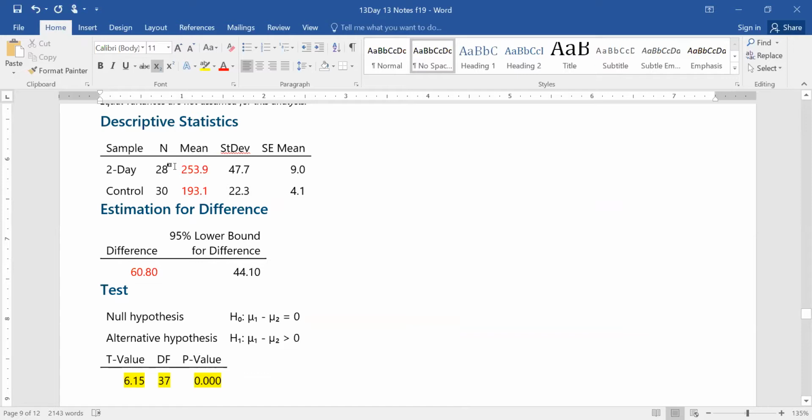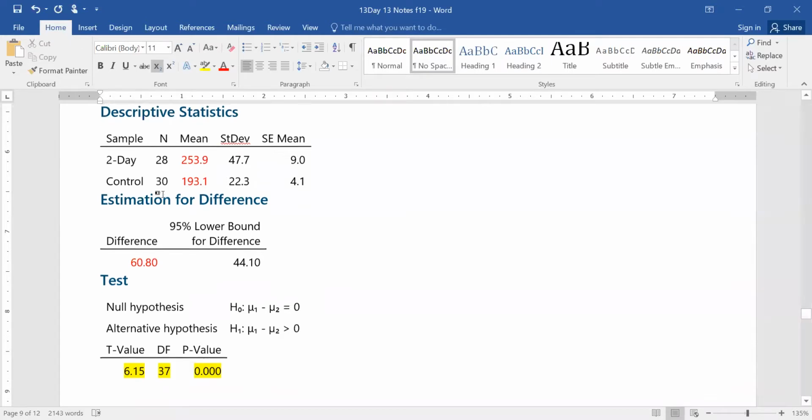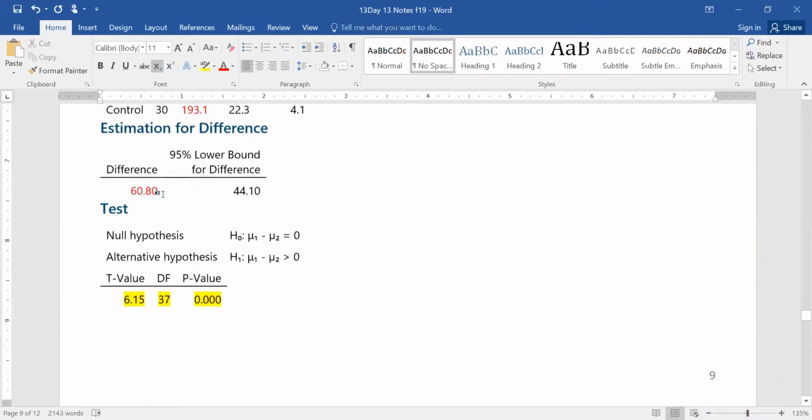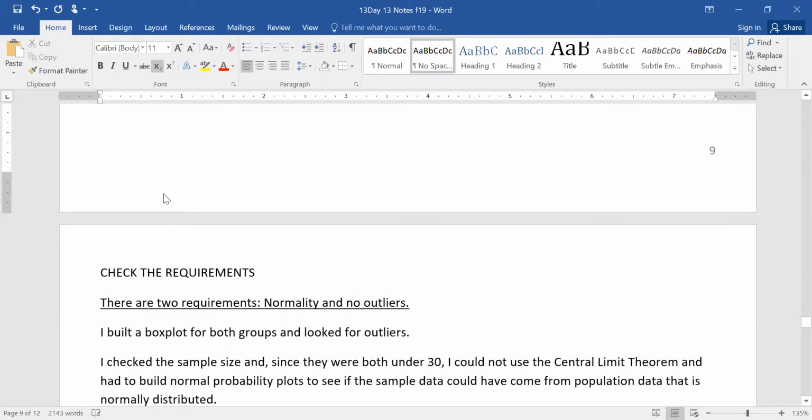I need to draw an NPP for that. I need to do the normality test. For my control group, it is 30. So I technically could just say that one's normal and move forward with the central limit theorem, just saying N's greater than or equal to 30. I'm good to go on that one. And then I need to draw my box plots to see if there's any outliers.